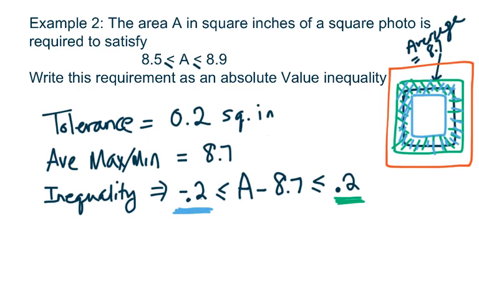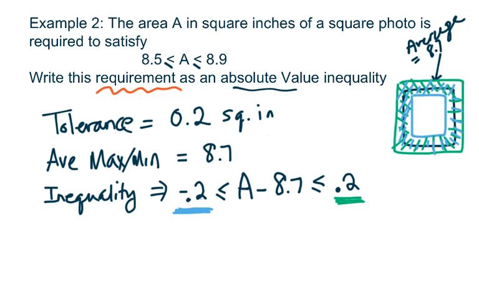So that's what we talk about when we talk about tolerance and these requirements for the customer. And the last thing we're going to talk about is the thing that we really want, which is that absolute value inequality. When we talk about the absolute value, we talk about the difference between the size of the actual picture and the average size, and we know that has got to be less than or equal to the tolerance, which is 0.2.